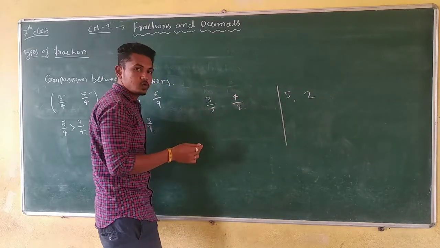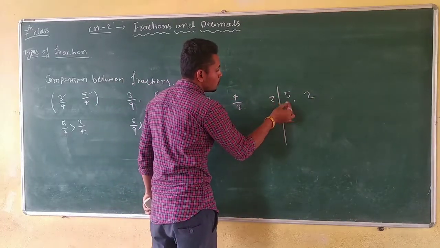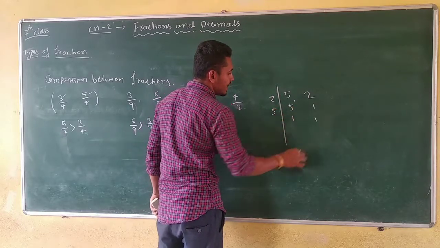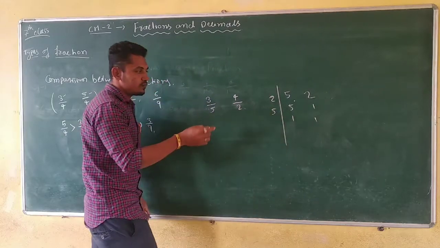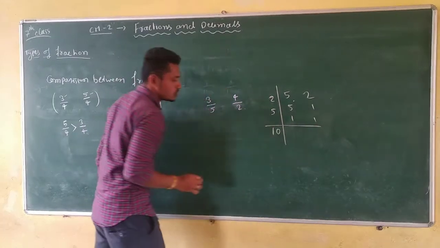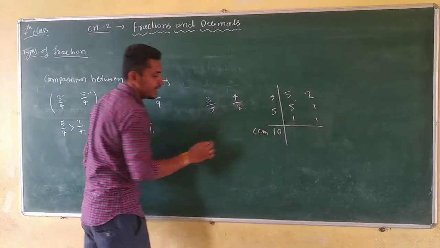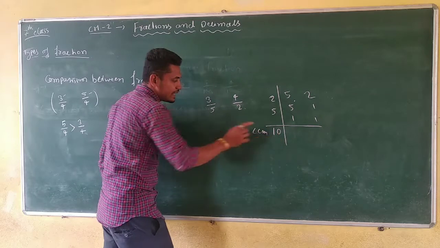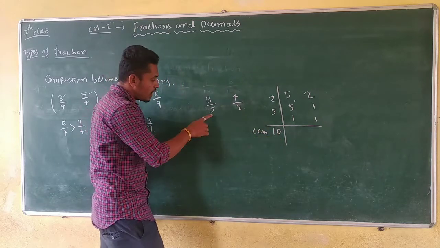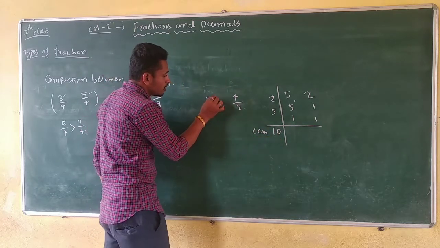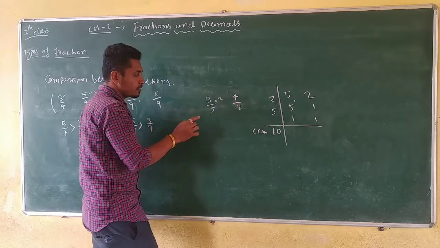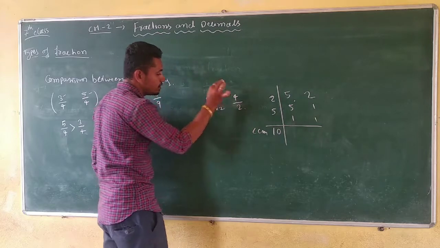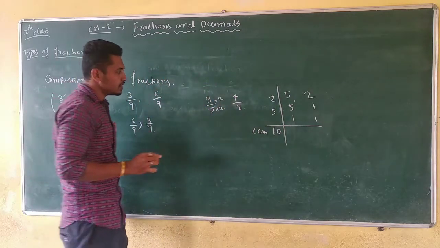The LCM of 5 and 2: 2 ones are 2, so 5 write as it is. Next, 5 ones are 5, 1 write as it is. So 2 into 5, 10. Our LCM is 10. Is it right? Next, 5 2s are 10, so multiply 2 with the numerator as well as the denominator.